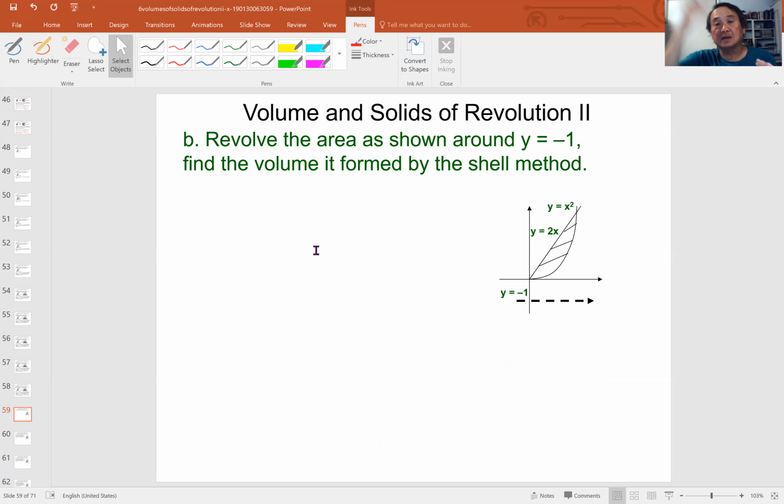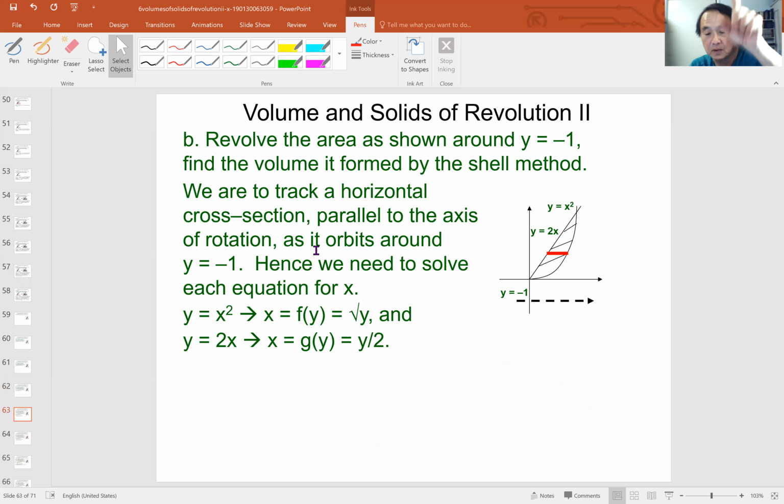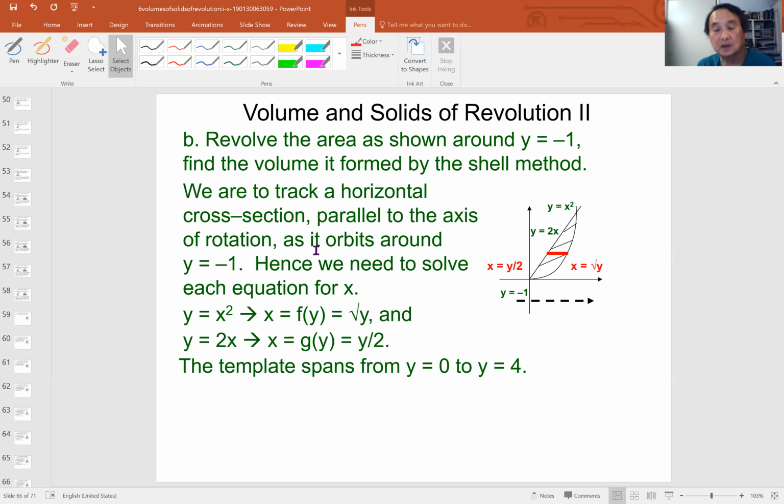Now, what happens if I spin these things around the horizontal axis? Now I need to track a horizontal line to form those cylinders. I need to extract the x coordinate in terms of y. So first I convert all the equations in terms of x.